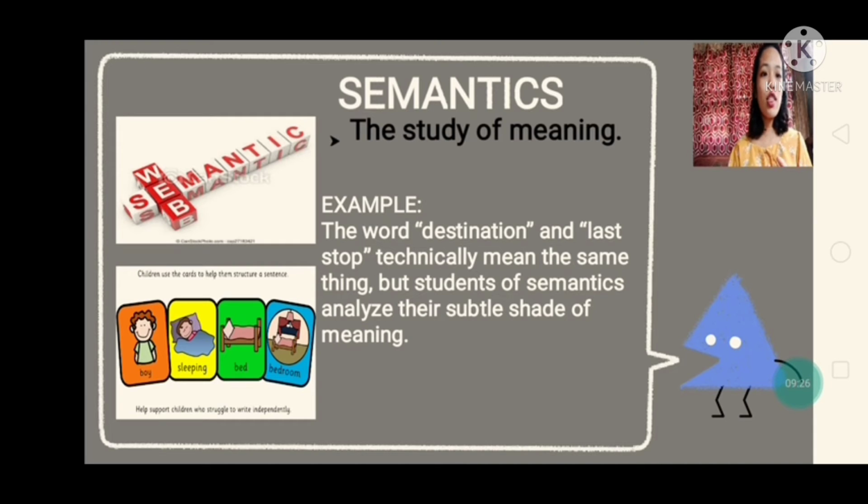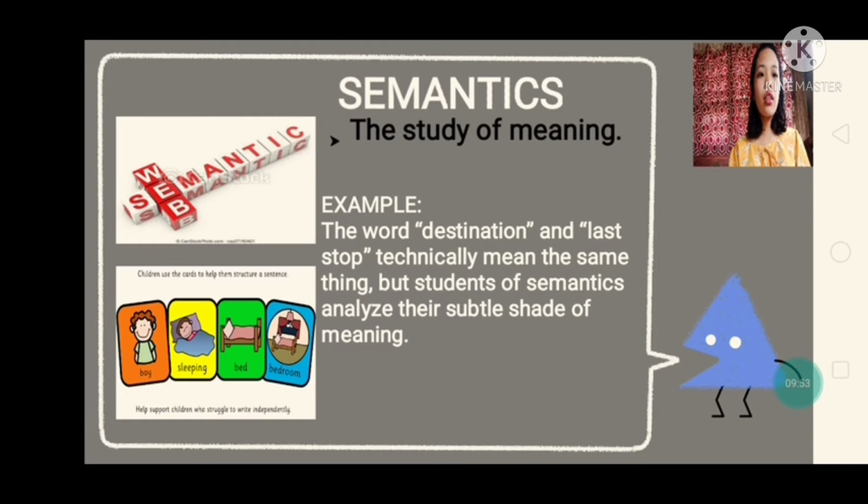Pero yung mga students will analyze on how they are going to use that word into their sentence because semantics deals with a level of meaning in the word or in language or investigates the meaning of language. So it is the study of all aspects of meaning in language. So there are many different approaches to the way in meaning how language is being studied.